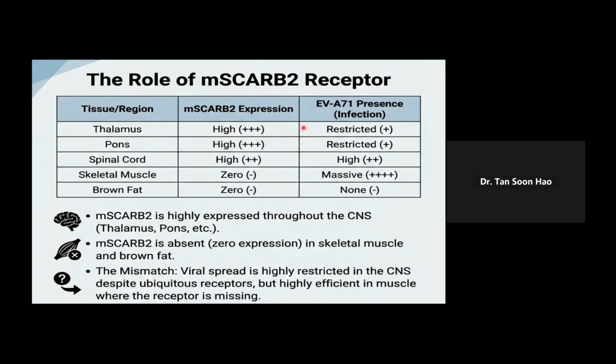Whereas we found differences in the expression of EV-A71's antigens. The antigens are restricted in the brain, which is very similar to our human autopsy cases.